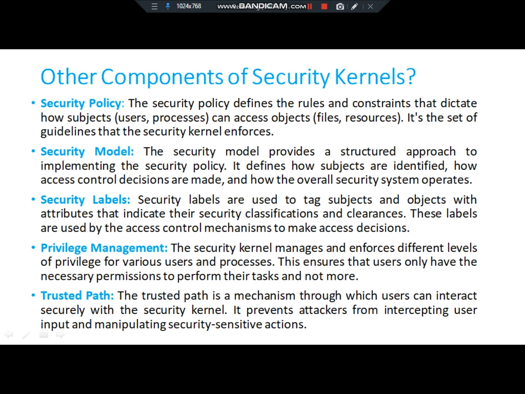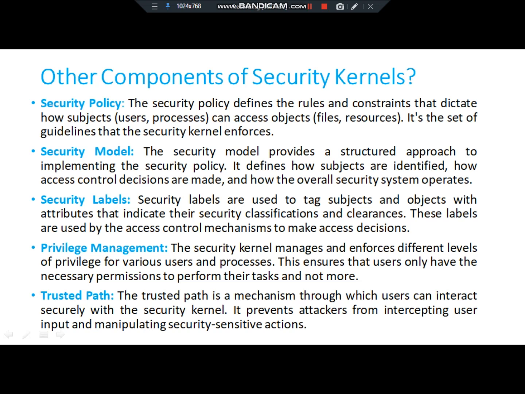The security model provides a key structured approach to implement the security policy and defines how subjects are identified, how access control decisions are made, and how the overall security system operates. The security model provides a structured approach to implement the security policy, defining how subjects are identified, how access control decisions are made, and how the overall security system operates.